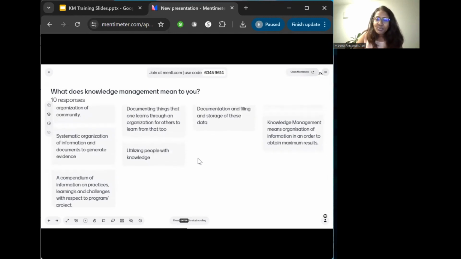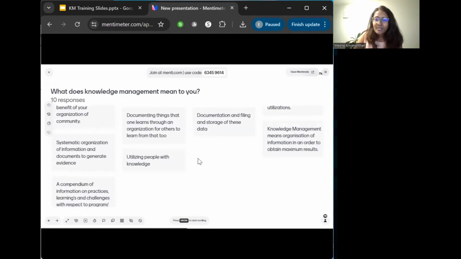Just go into a separate website, menti.com, and type in the code that I'm going to share again in this chat box for you. If anyone still has difficulty, I'm sharing the code. So please go into menti.com and you can type your response there.